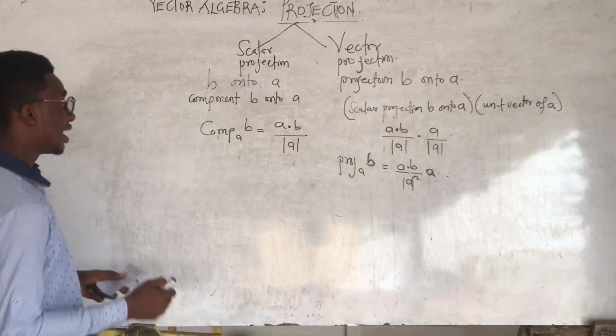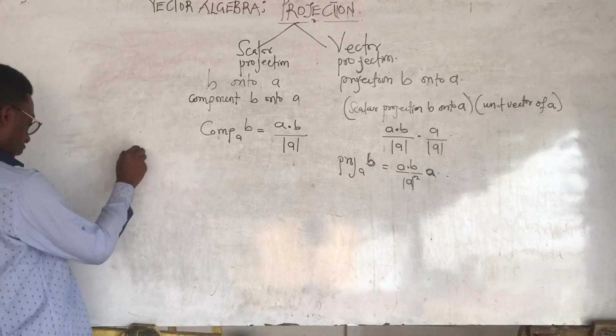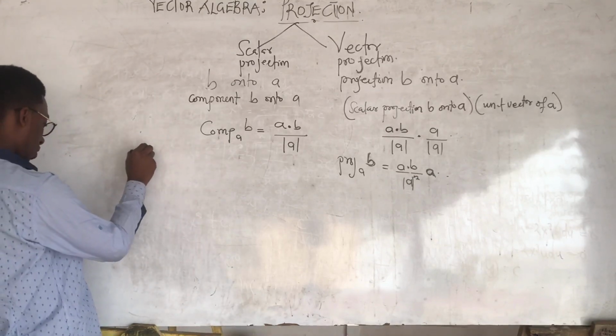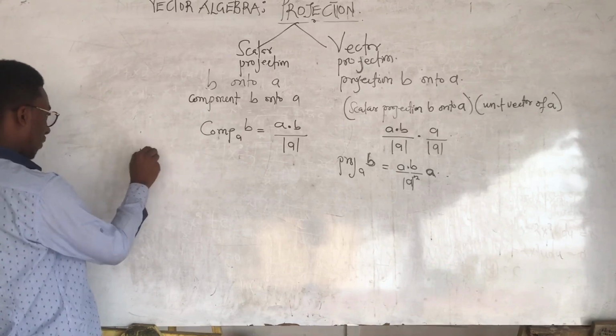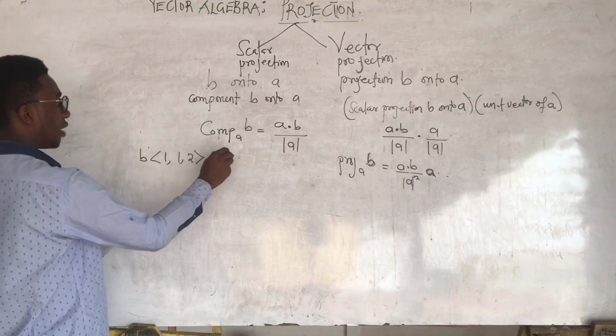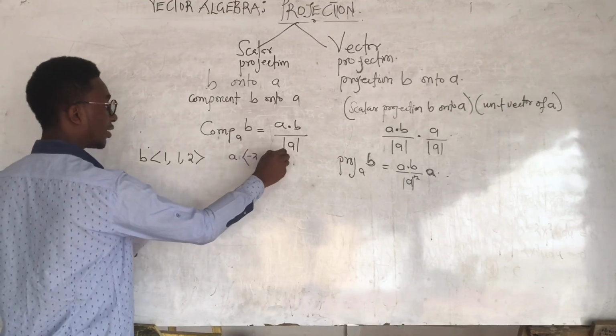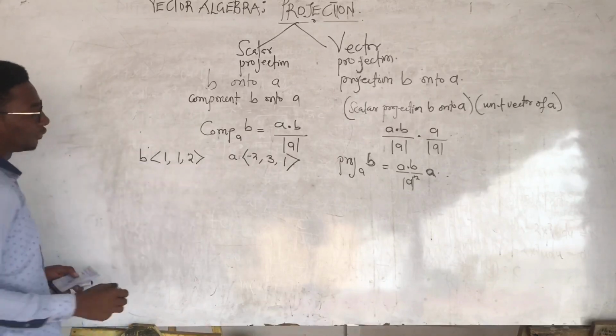In one question, we find the scalar and the vector projection. Now, we have a vector B, (1, 1, 2), and we have a vector A, (-2, 3, 1). So we have these two vectors.